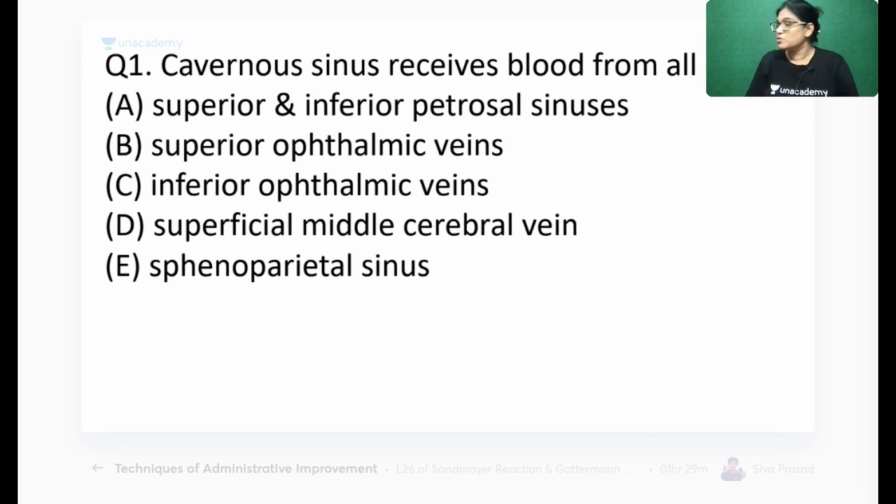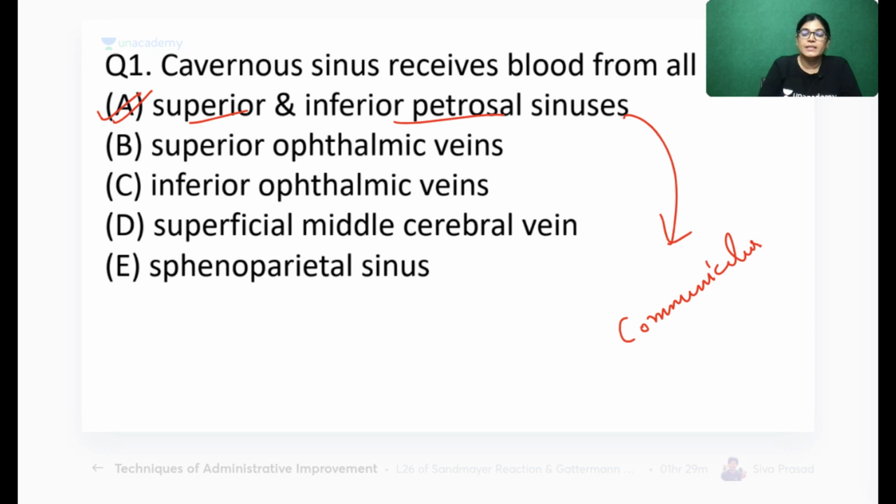Okay, so yes, many students have given the answer, as I am seeing here. The correct answer is superior inferior petrosal sinus. Question number 1. Why is superior inferior petrosal sinus the correct answer? It's a communication, which is formed through the superior and inferior petrosal sinus.